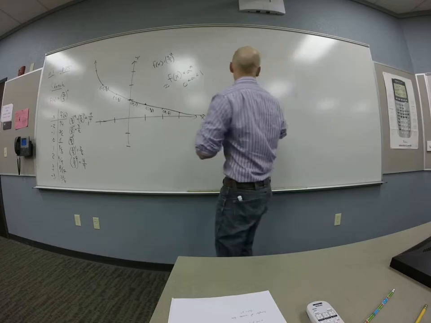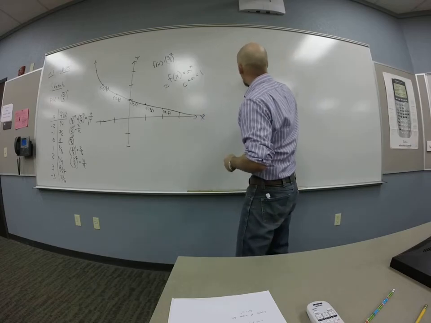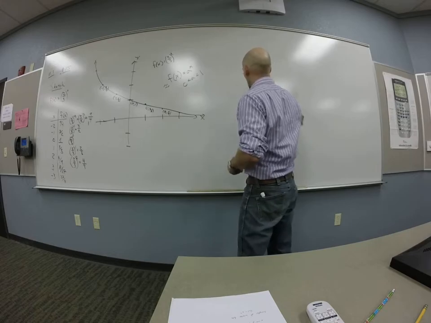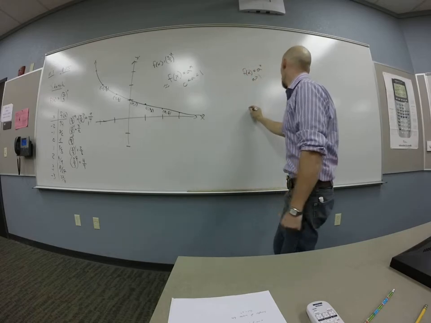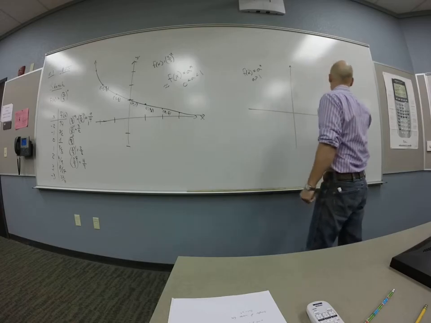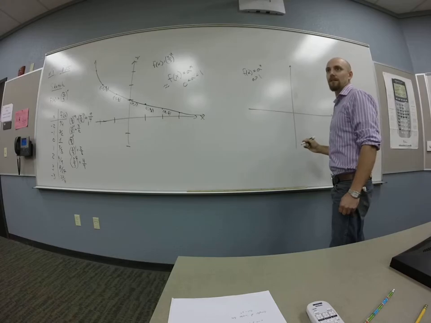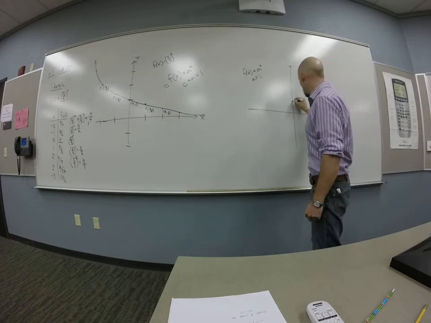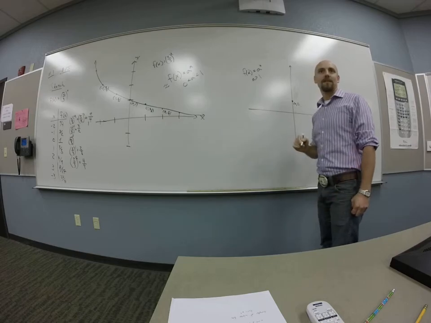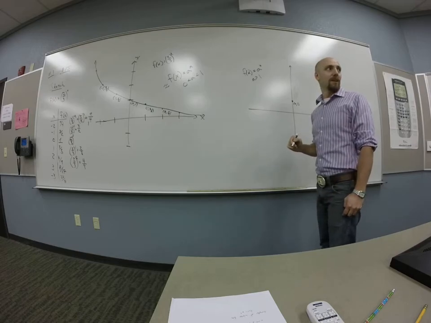Okay, how about this? If I was going to graph f of x is a to the x for a bigger than 1, what would that look like? Oh, you start with 1. Okay, so it starts here at 0, 1, right? You guys see that?